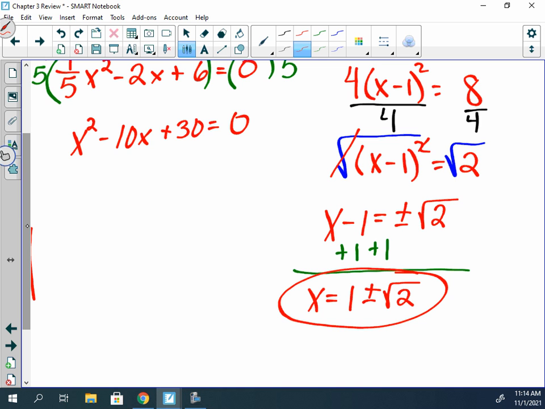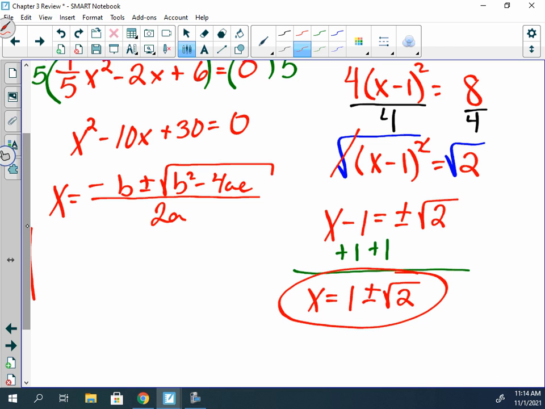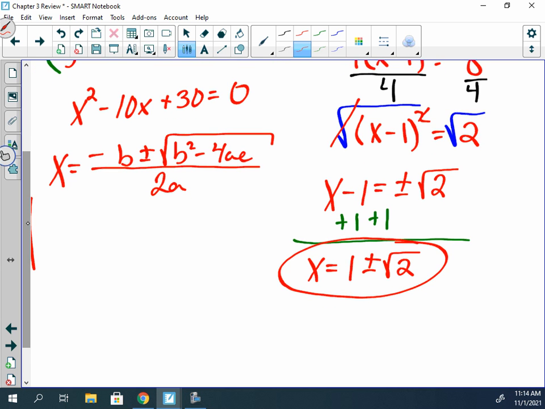Now, at this point, I'm just going to go on and use the quadratic formula. x is equal to negative b plus or minus the square root of b squared minus 4ac, all over 2a. Now here, what is the value of b? Negative 10, because the number in front of x squared is our a, the number in front of x is b, and the number by itself is c.